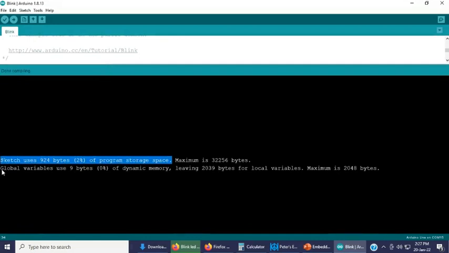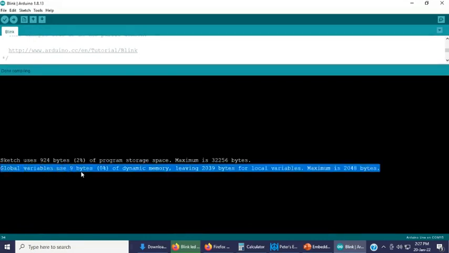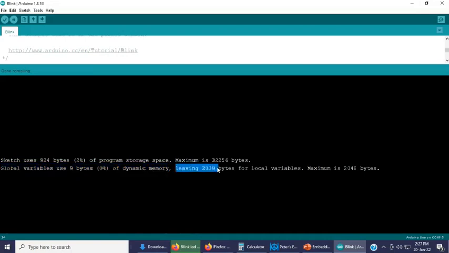Okay, apart from that, how many global variables are there? 9 bytes have been consumed by the global variables from the dynamic memory or the RAM, leaving 2039 bytes for local variables, where the maximum RAM size is 2 kilobytes.